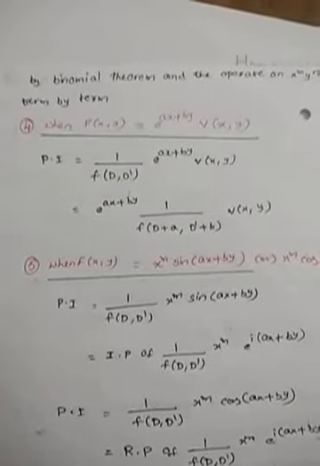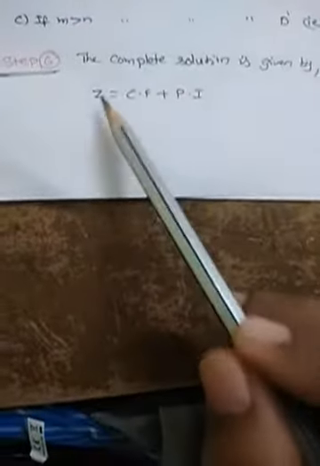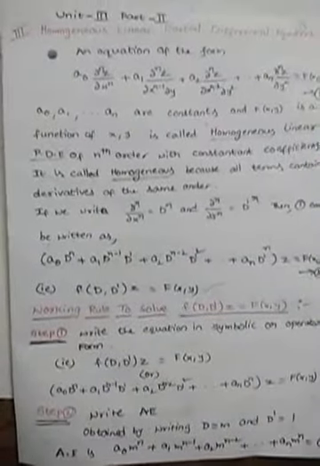In the last step, we just add the complementary function and the particular integral, which gives the complete solution, that is the value of z of the given homogeneous partial differential equation. This is the procedure for finding the complete solution for a homogeneous partial differential equation.